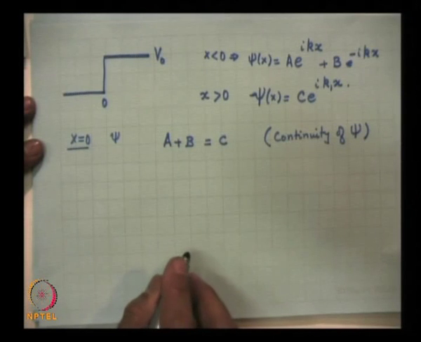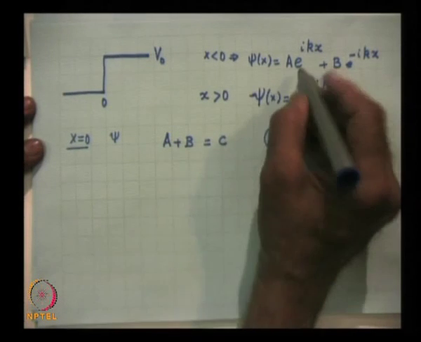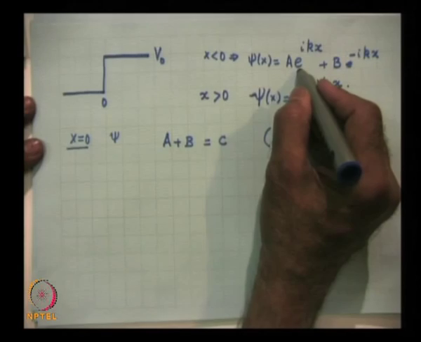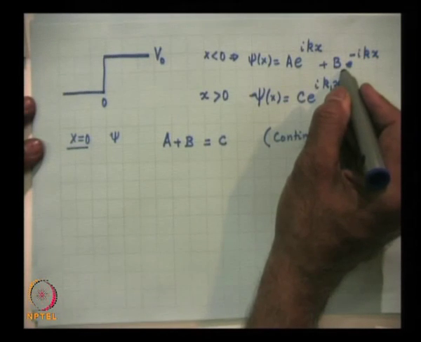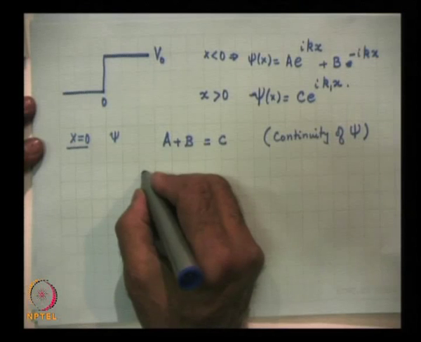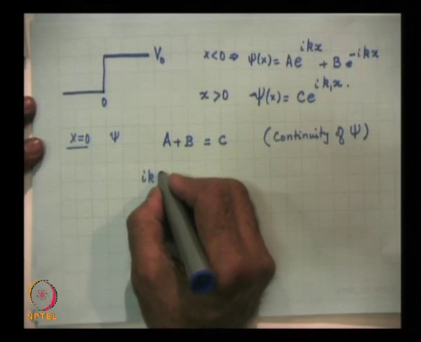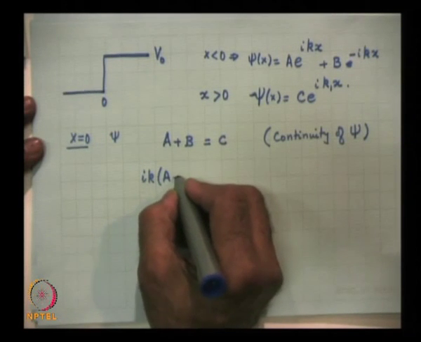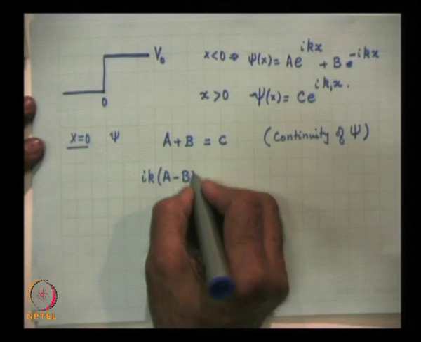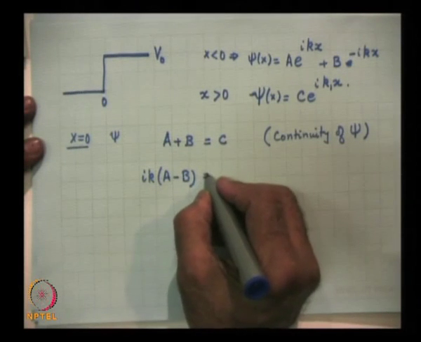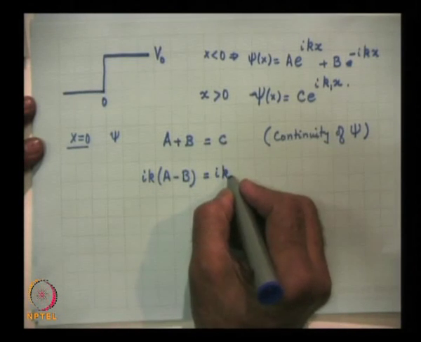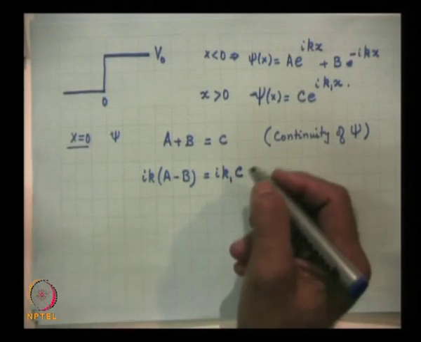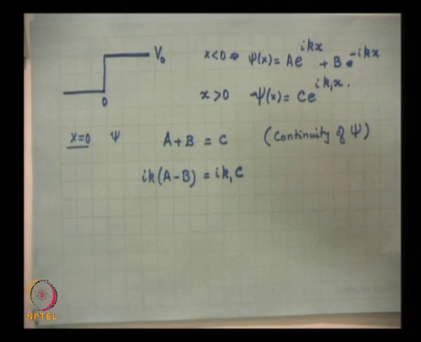Then continuity of the derivative: if I differentiate this, I get i k, and here it will be minus i k. So i k into a minus b is equal to i k1 into c. So we obtain these two equations.